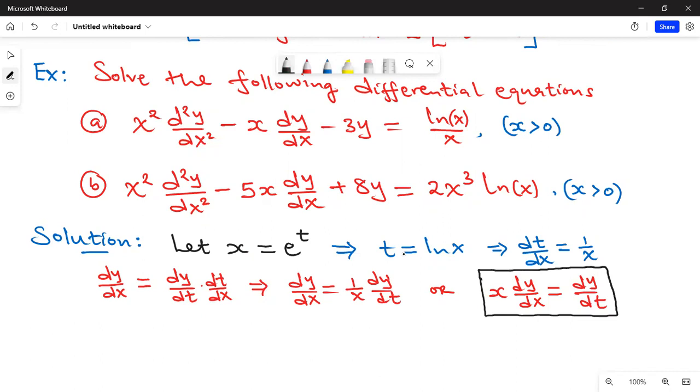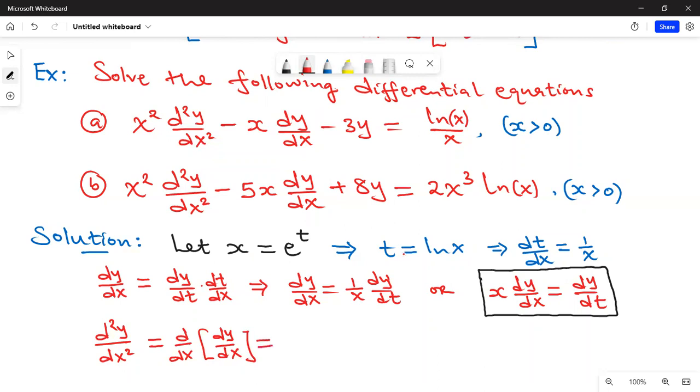What about the second derivative? Let's see how to transform it. d squared y dx squared is the same as the derivative with respect to x of what we got in the first derivative, dy dx. And so I can replace dy dx by dy dt.